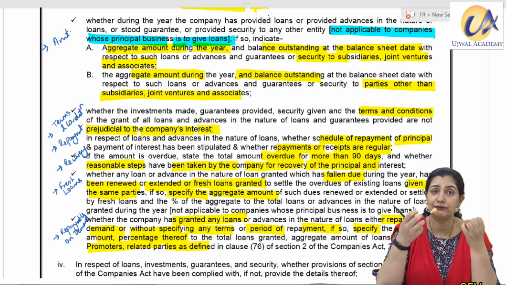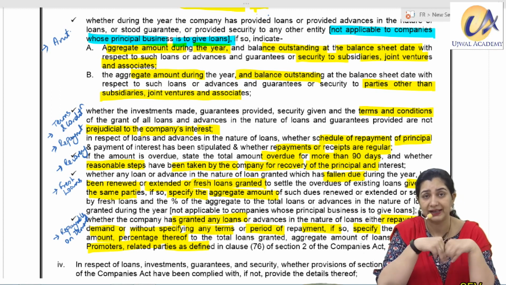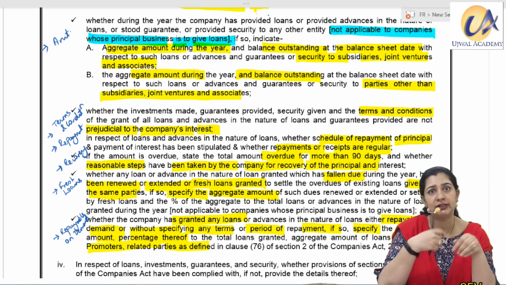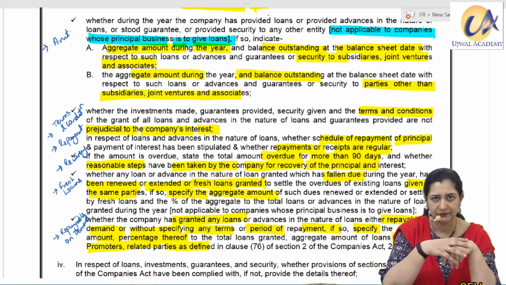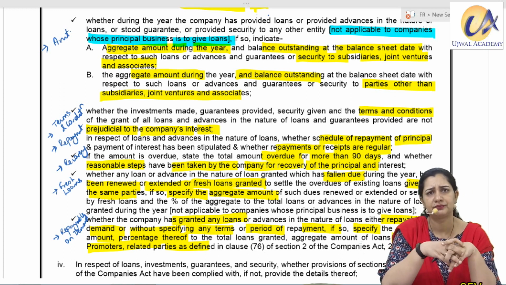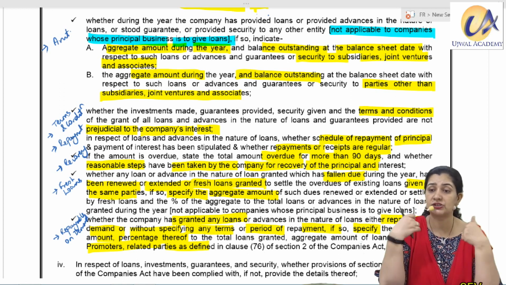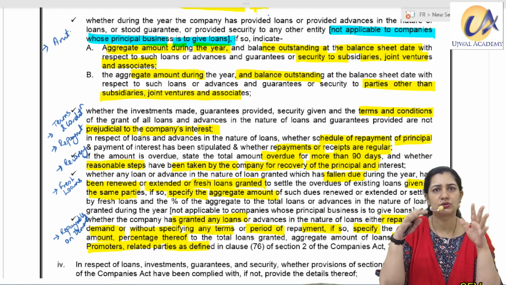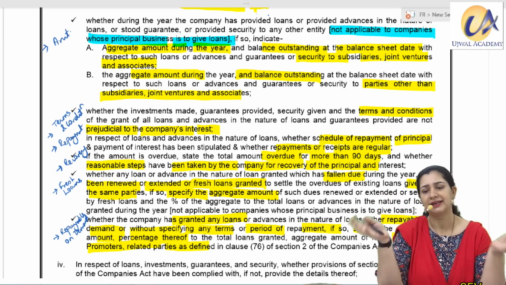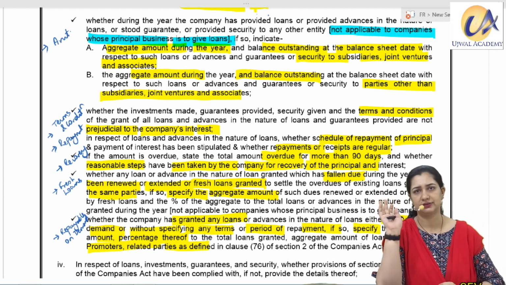What steps are they taking for recovering the amount? Are they taking reasonable steps? Reasonable steps do not mean, as the fifth point, giving them fresh loans or extending the time. If that has happened, mention that also. And lastly, if they have given loans repayable on demand, where the terms of repayment are not specified, then that also we need to mention over here.